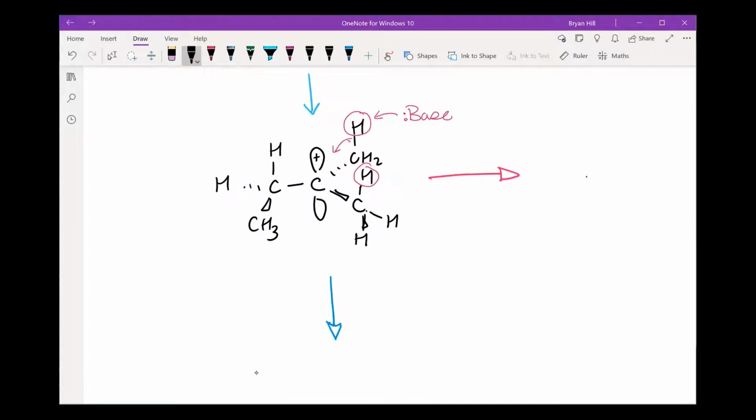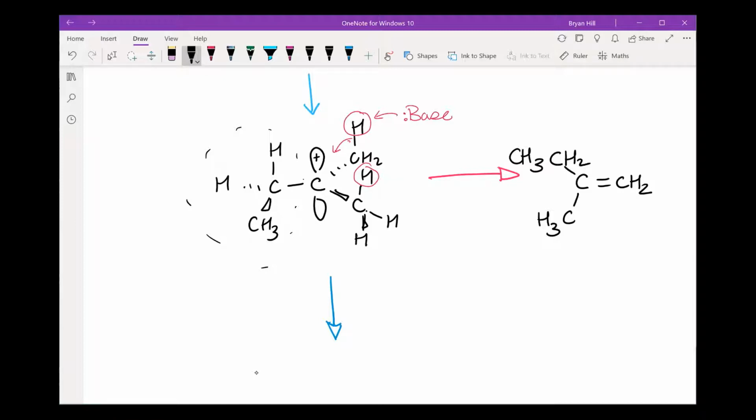It'll be carbon, H2, CH3, CH3. We'll make this one. So it'll be the ethyl and the methyl. So here's your ethyl group, this is the ethyl over here, and then your methyl.